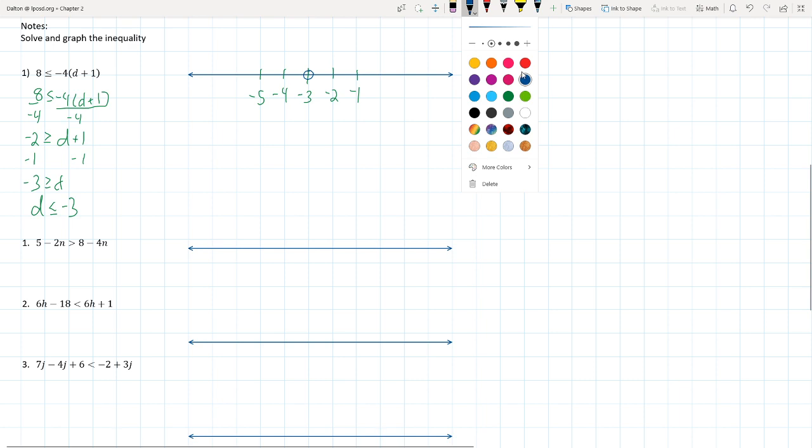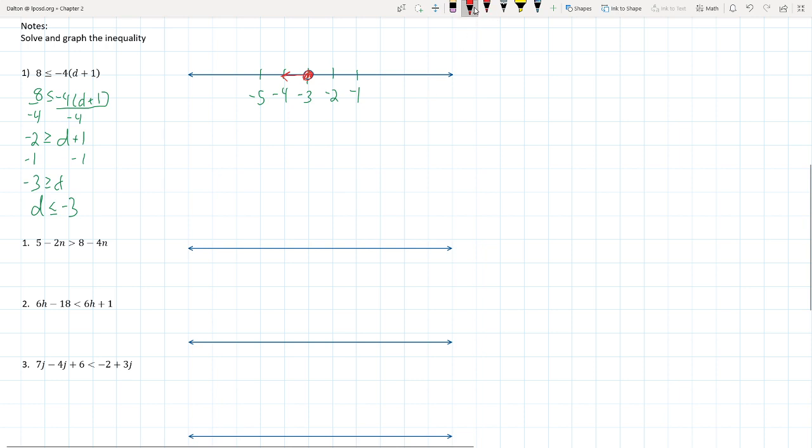And let me change that color again, sorry. Okay, there we go. Now it's going to actually look different. Okay. So I'm at -3, and this line underneath tells me that I need to fill it in. Now the next question is, which way does it go? d is less than -3. So what's the number that's less than -3? -4. So I'm going to go in that direction.